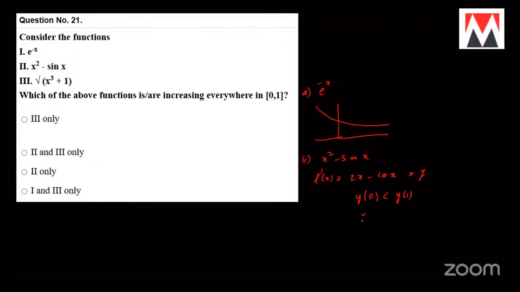If y of 1 is greater than y of 0, it means the curve is increasing. Now let us see y of 0. Y of 0 is nothing but minus 1. Y of 1 is 2 minus cos 1. Cos 1 is cos 57 degrees, which is positive.